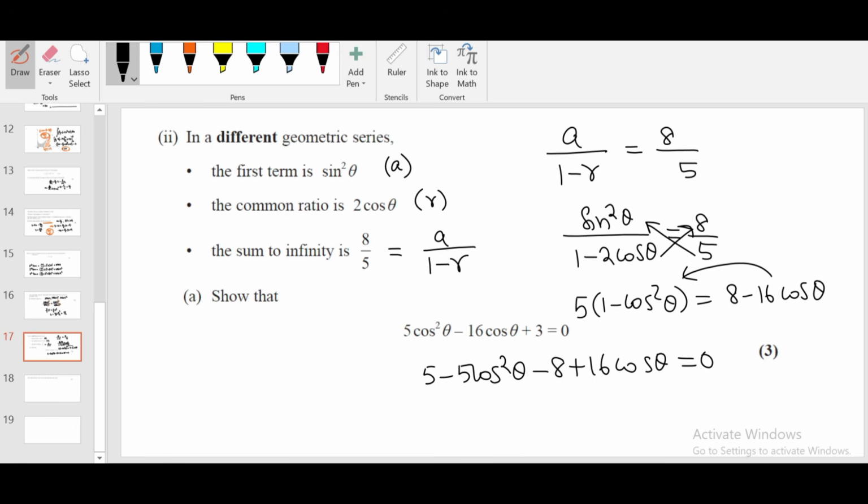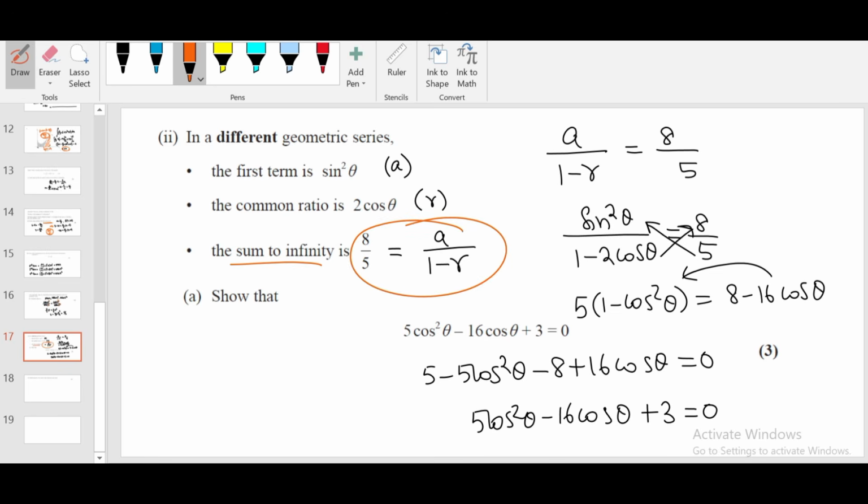Multiply through by -1 and simplify. You will get 5 cos squared theta minus 16 cos theta. 5 minus 8 is -3. It becomes +3 is 0. That's all. So the only thing you need to remember here is the formula for sum to infinity. In fact, you don't have to memorize it. It's there in the data booklet.